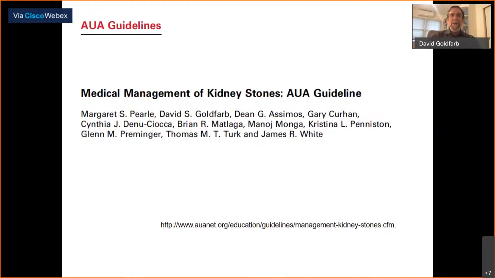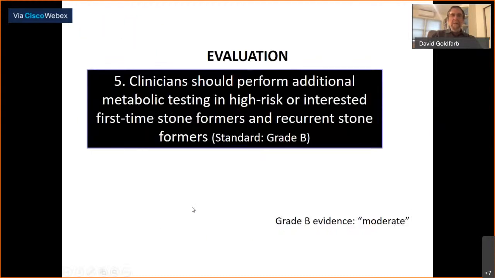So we appreciated the AUA including some nephrologists to discuss the guidelines. Next slide. The guidelines include that clinicians should perform additional metabolic testing. And that metabolic testing is doing 24-hour urine collections. And the grade of evidence is considered moderate.